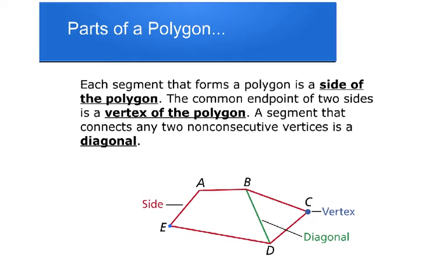Here is EB. Here's another diagonal. AD. And then there's one more. CE. Those are all my diagonals in this polygon. And it will come in handy to draw some diagonals to figure out some more terms in the polygons that we are going to name.